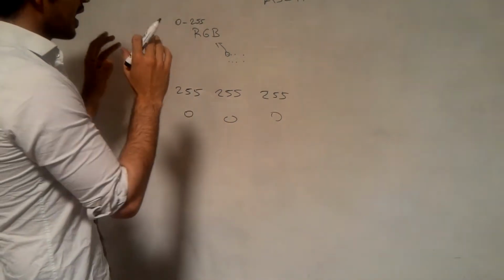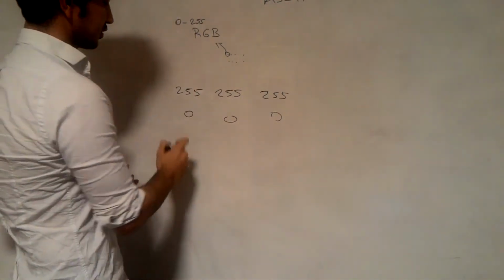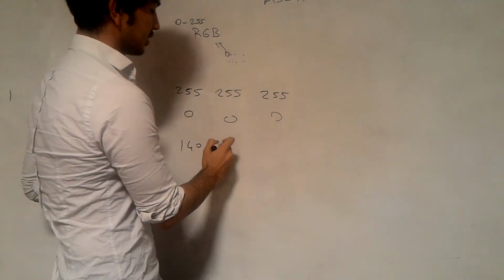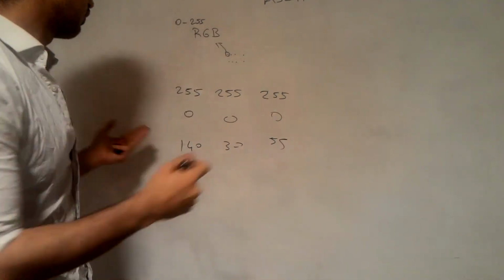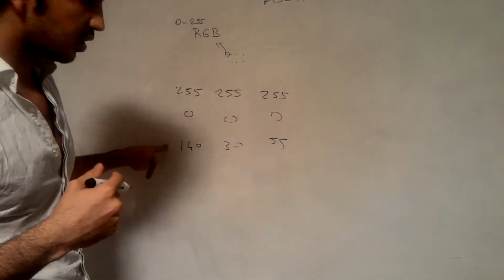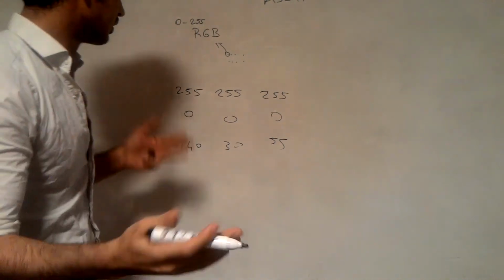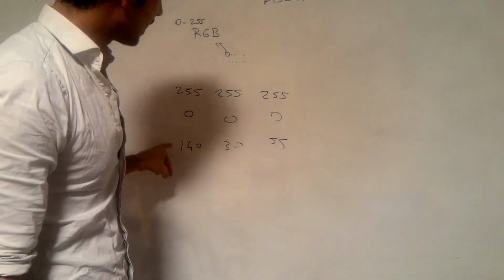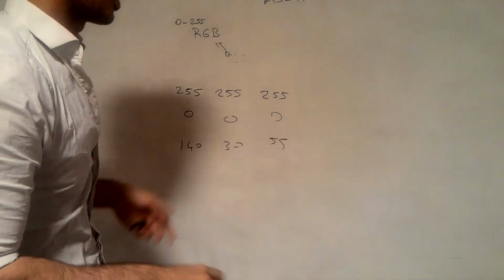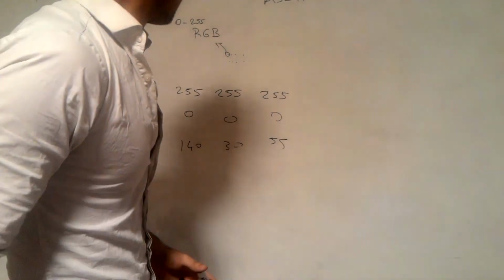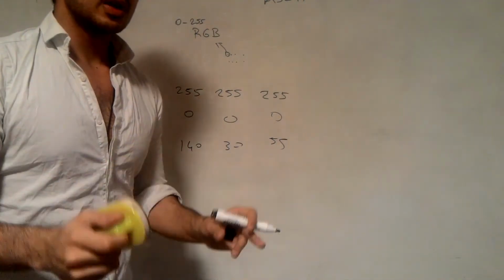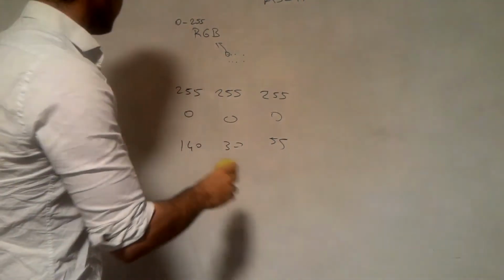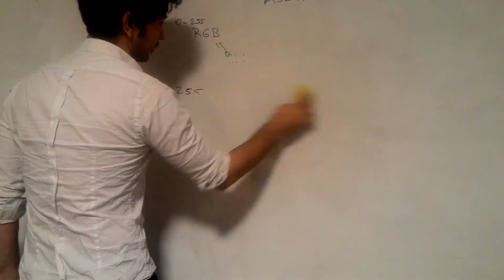And by combining these numbers, for instance, 140, 30, and 55, you can get a color. I don't know what this color is, but if you write this color code on Google or some program, you can find that this is some color, maybe orange, maybe something, I don't know. But every color you can make just with red, green, and blue. So that's how your monitor works. And you see stuff on your screen.